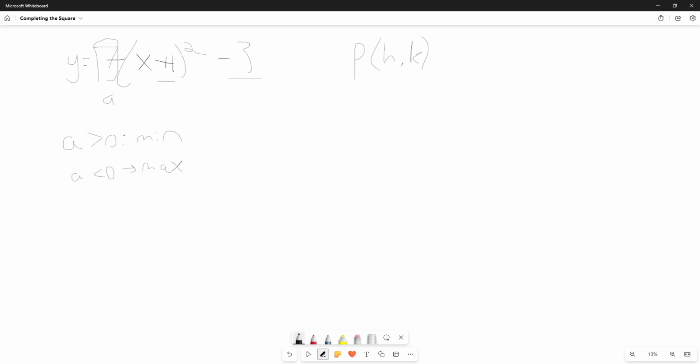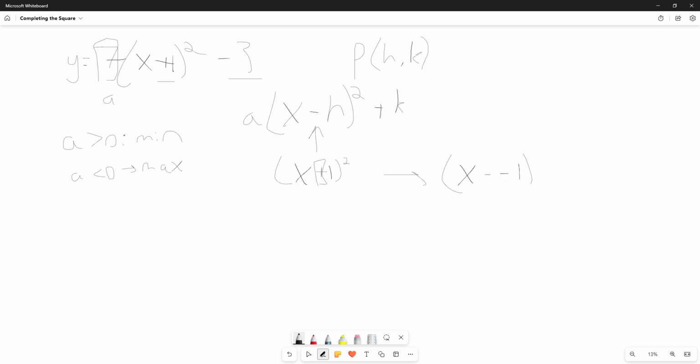Okay, so now if we take the plus 1 here, remember that the formula is a times (x minus h) squared plus k, right? The minus here, so if we were to get a plus 1, that means that it was actually x minus minus 1, and the minus minus makes it a plus, right?